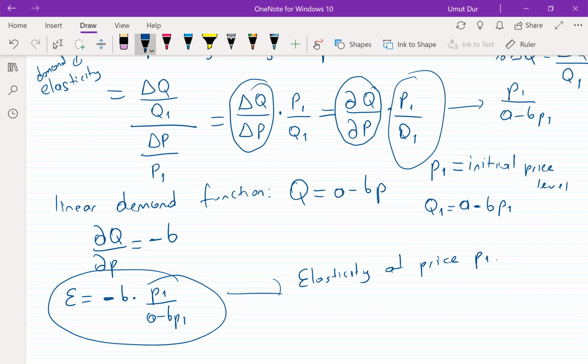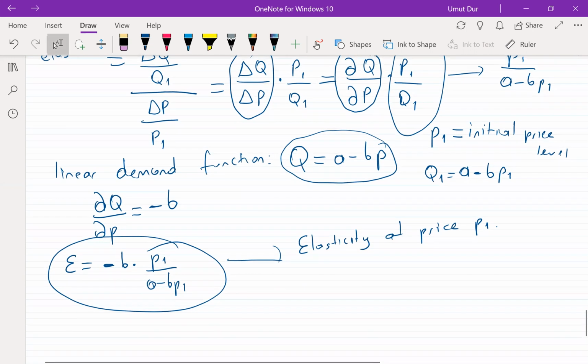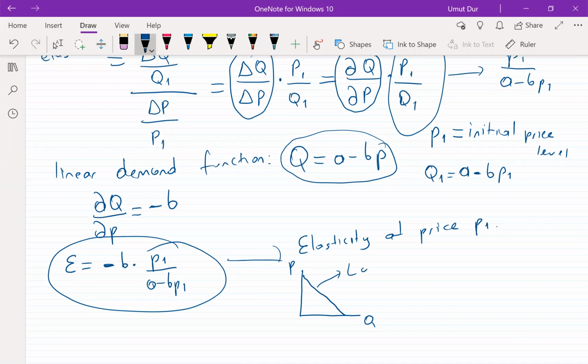So let's go more deep on this demand function. Remember that we said demand is always downward sloping, which we know as the law of demand. As the price increases, the demand will decrease.